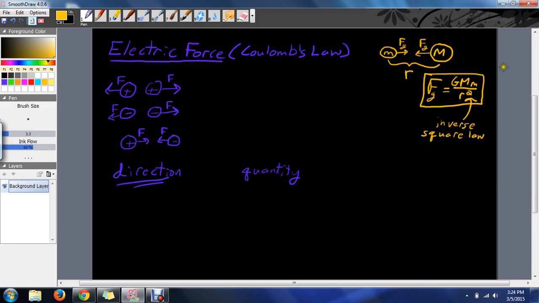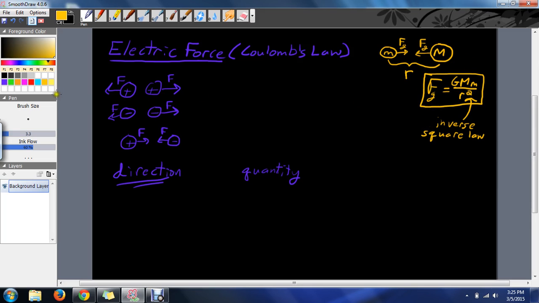It gets weaker the farther away and stronger the closer you are. You can think of a black hole having almost zero radius and therefore infinite gravity. And square, of course, meaning you square the distance, meaning if the distance doubles, it goes down by a factor of 4.